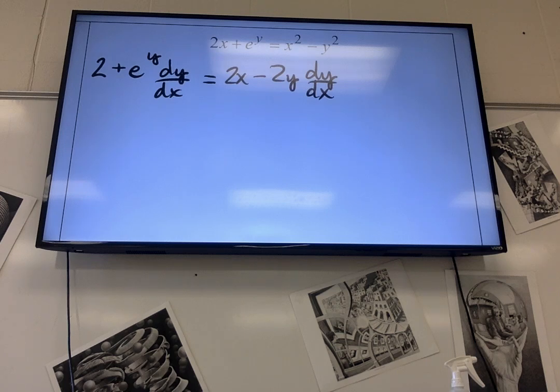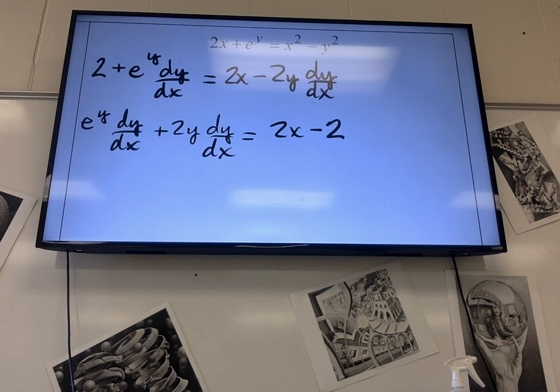Okay. Get them on the same side. Move everything with dy dx on one side and everything else on the other side. And then factor out dy dx.